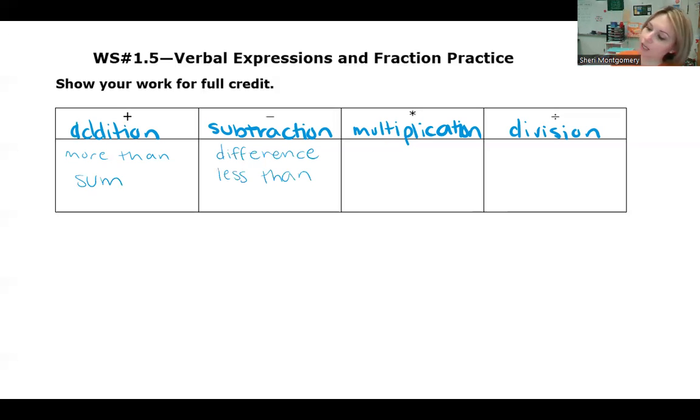For multiplication, the result of multiplying is a product. Another word that might indicate multiply is if you see times something else. And for division, other than the word divide, the result of division is a quotient.